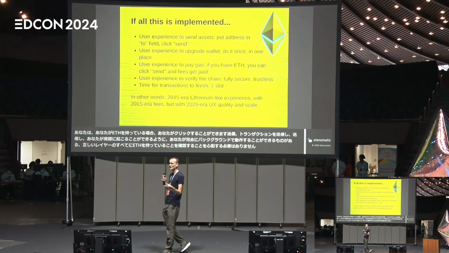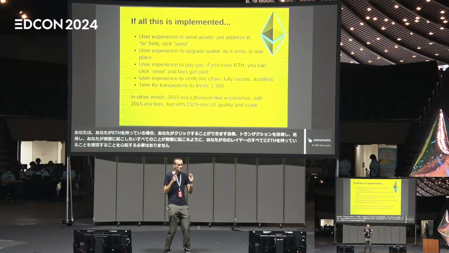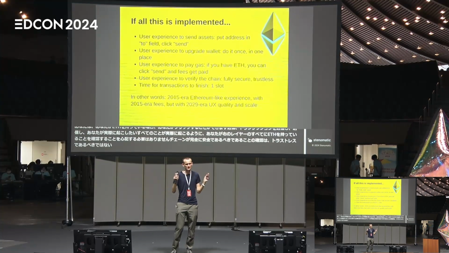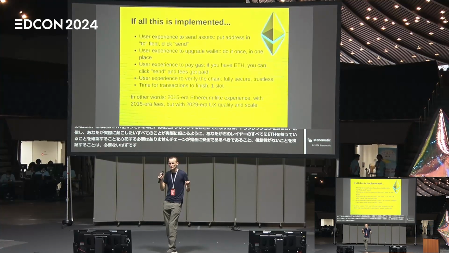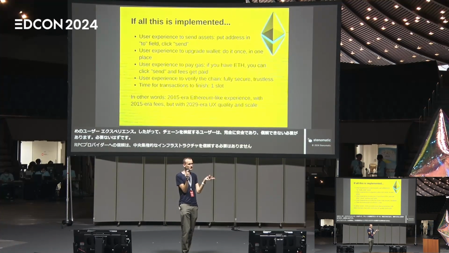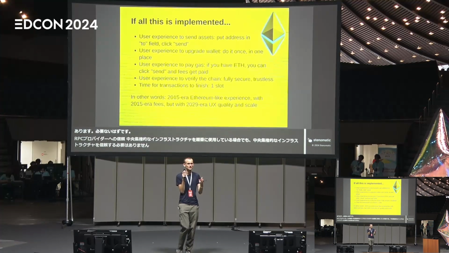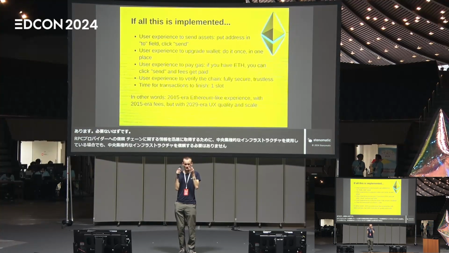The user experience to verify the chain. So the user verifying the chain should be fully secure, should be trustless. You should not need to trust an RPC provider. You should not need to trust centralized infrastructure. Even if you use centralized infrastructure in order to get information about the chain quickly, you should not have to trust it.